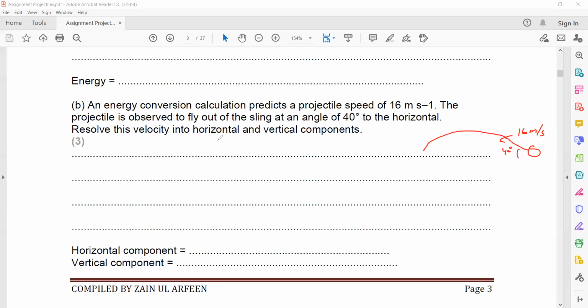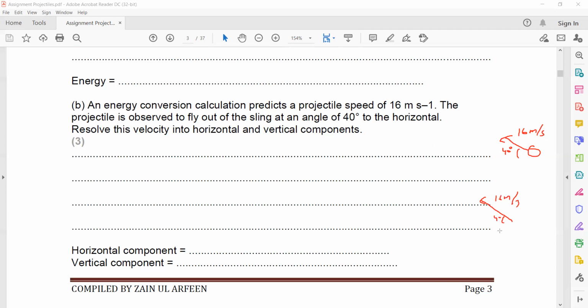Resolve the velocity into horizontal and vertical components. So how can we work out the horizontal and the vertical components? We have the velocity given, 16 meters per second, making an angle of 40. So it will have two components.